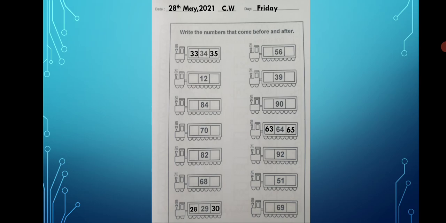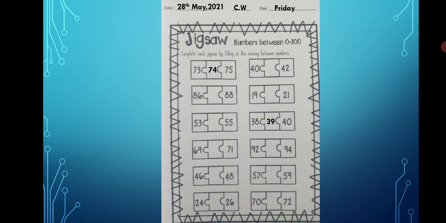Similarly, do this page. Then go to the next page. Write date and day on the top of the page. Jigsaw. Numbers between 0 to 100. Complete each jigsaw by filling in the missing between numbers.